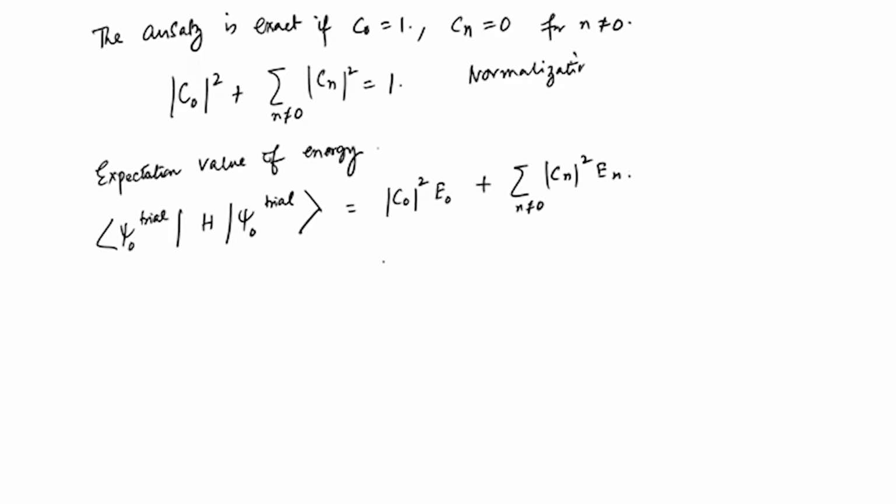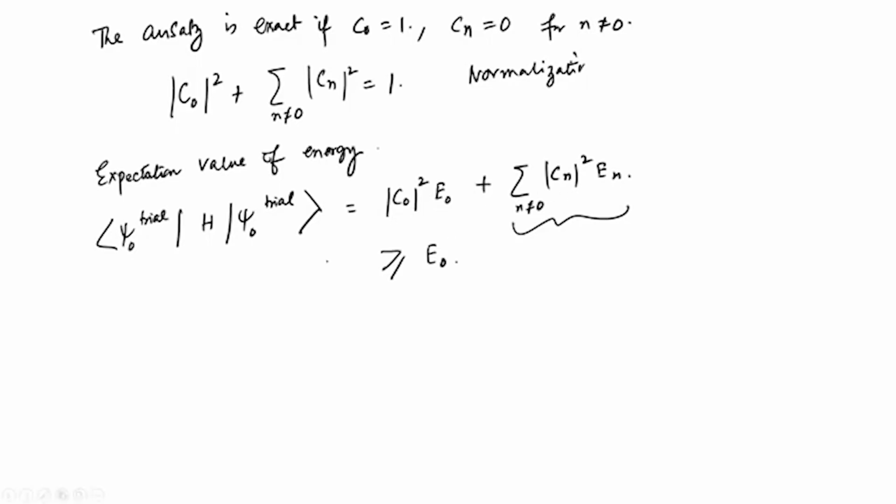Okay. And this certainly, because of the second term, will be greater than or equal to E 0, because the ideal situation, the equality, will prevail when C 0 equals 1 and all other C n's are 0.